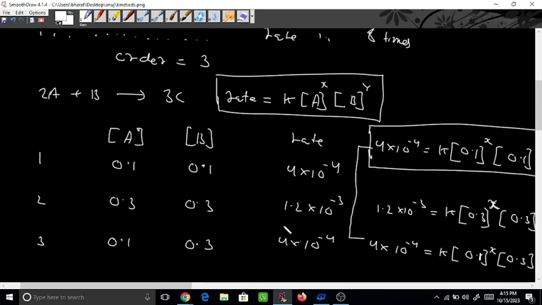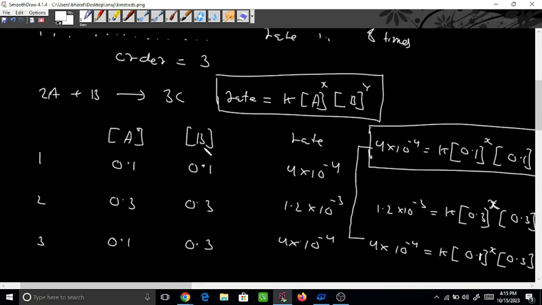This was 4 into 10 power minus 4, and this was also 4 into 10 power minus 4. No change. No change means the concentration of B to the power term will be 0. That's why this will be a 0 order.